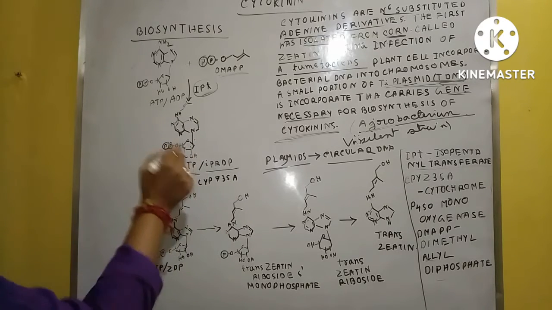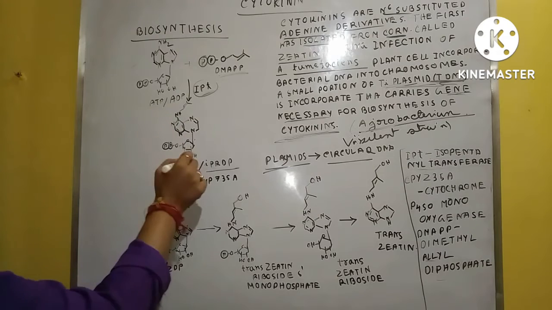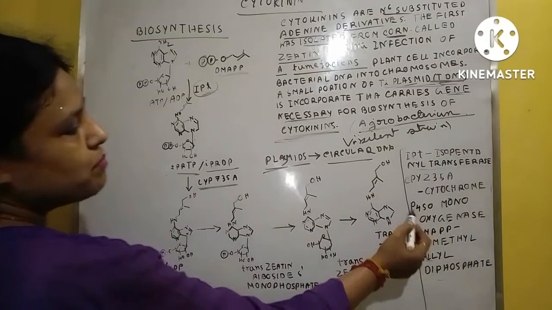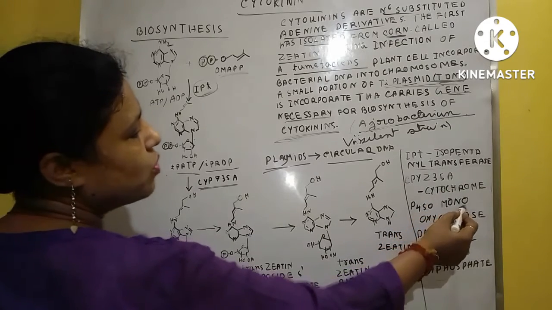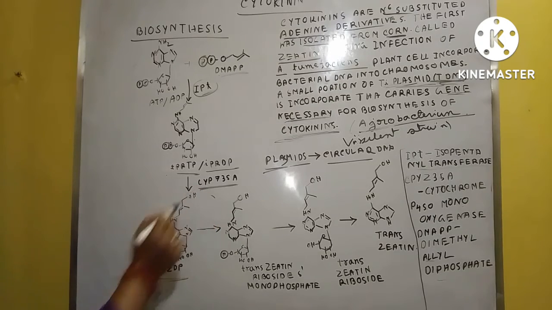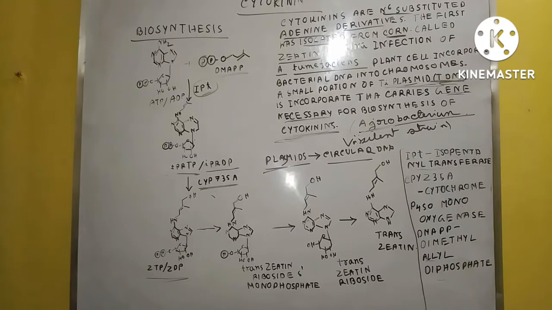After production of this substance, it converts into ZTP or ZDP, in presence of the enzyme called cytochrome P450 monooxygenase. Okay, cytochrome P450 monooxygenase.